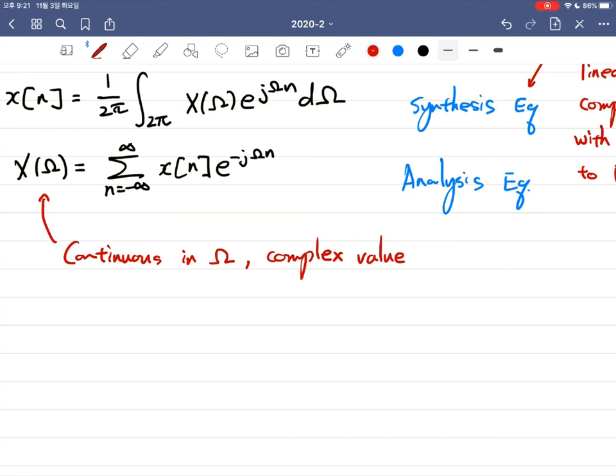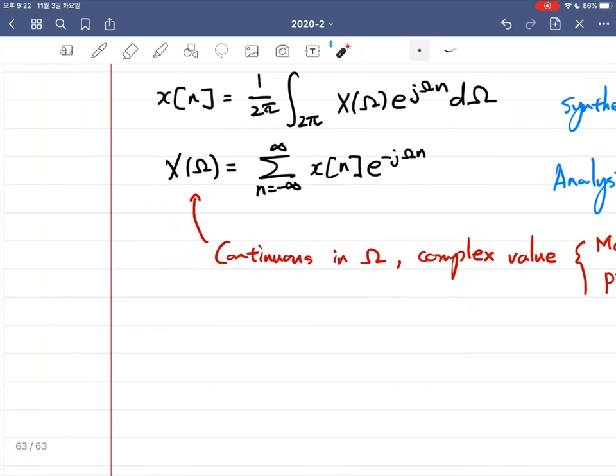Because it's complex valued, we need to represent it by magnitude and phase. Or you can use the rectangular form, which is represented by real part and imaginary part respectively. That's your choice. However, a lot of books describe them by magnitude and phase. The famous one is the Bode plot. So you might as well know this part.